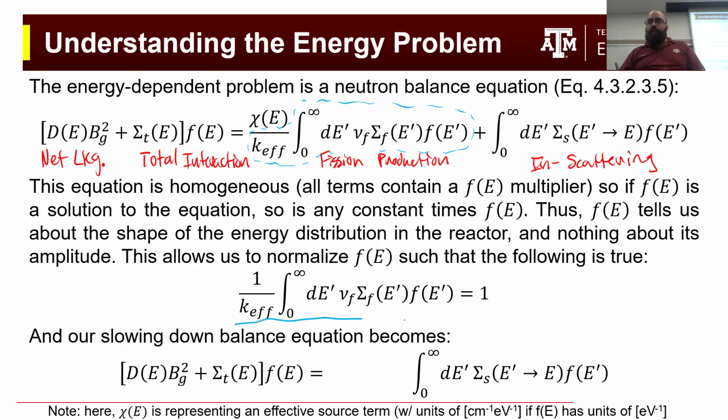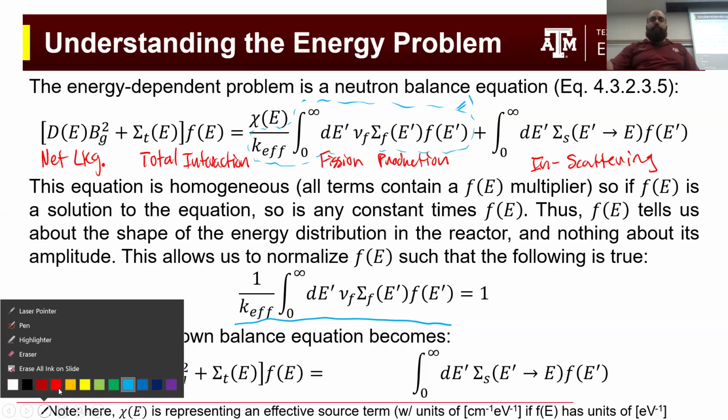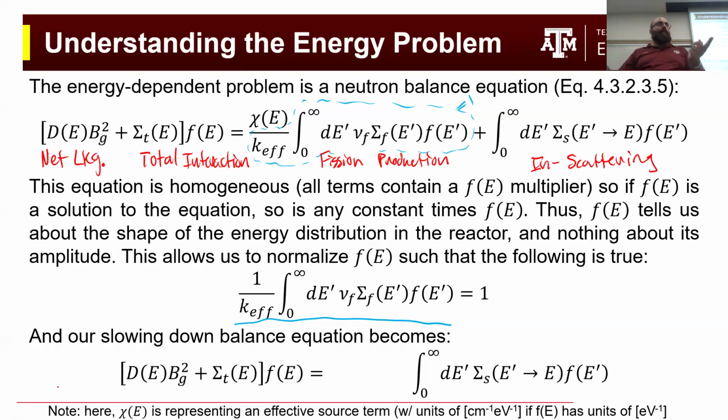That's that term in my equation. And so if that whole thing ends up equal to one, then my equation simplifies because the only thing that's left over is my fission spectrum. So when I make that assumption about how I normalize the energy spectrum, I can rewrite my equation where I just have that fission spectrum term here.